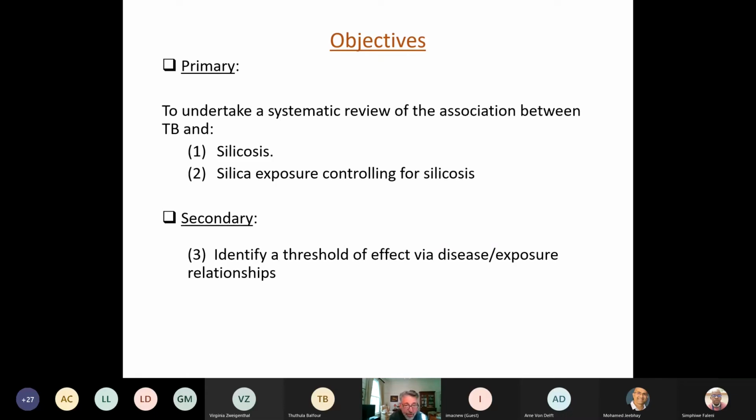What I regard as the most important impact of silica and silicosis is regarded as, as I said, a complication, and not something that should be examined for its preventability, which would require understanding the exposure-response relationships and the threshold of effect between silica dust and tuberculosis. That's entirely missing.